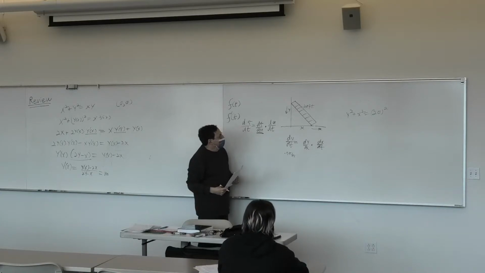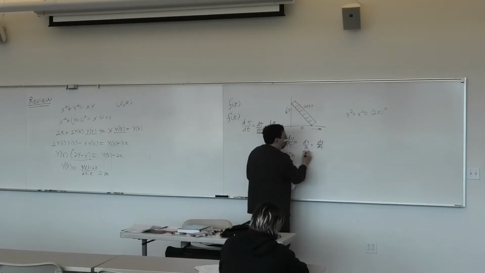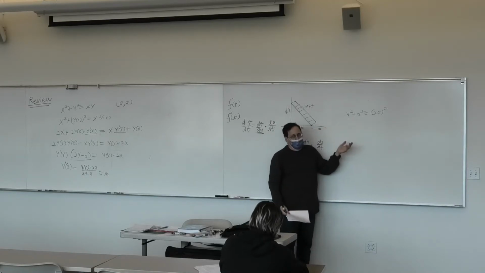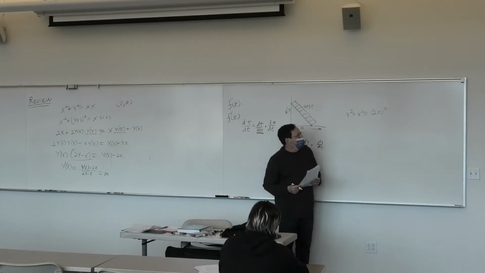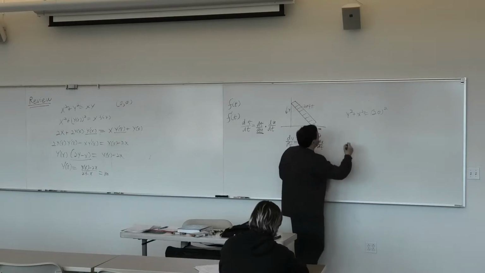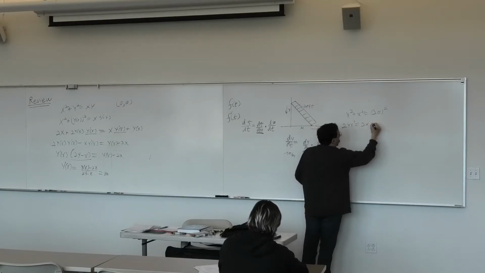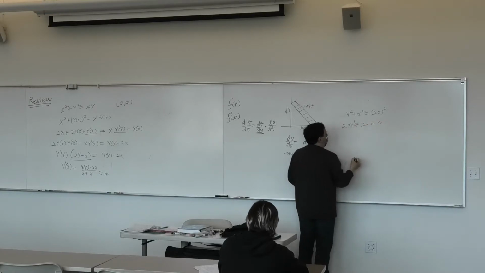Well, to find dy dx, we could solve for y, or we could use implicit differentiation. It's kind of an easy choice. 2y y prime plus 2x equals 0.